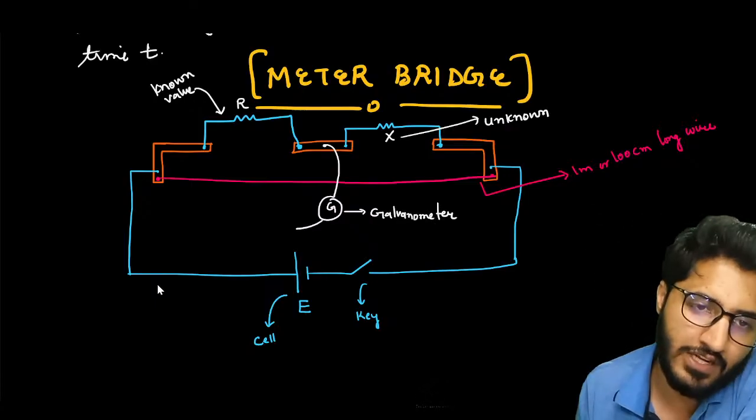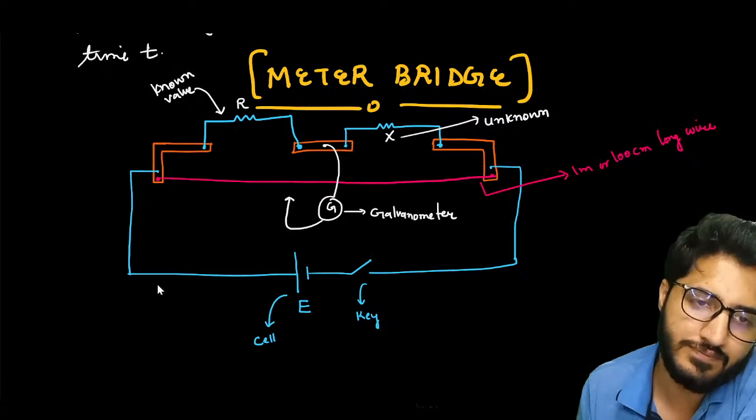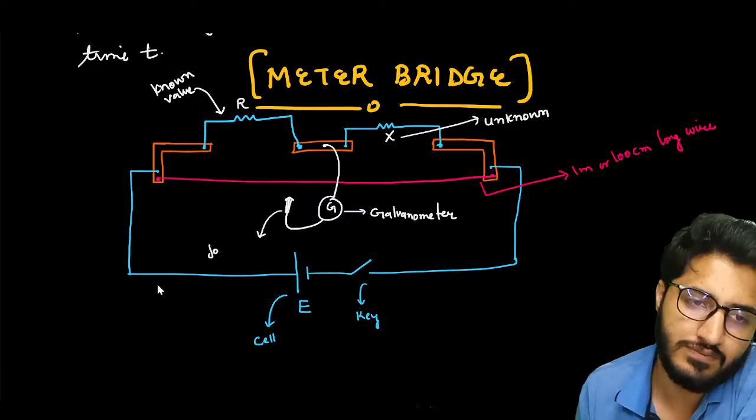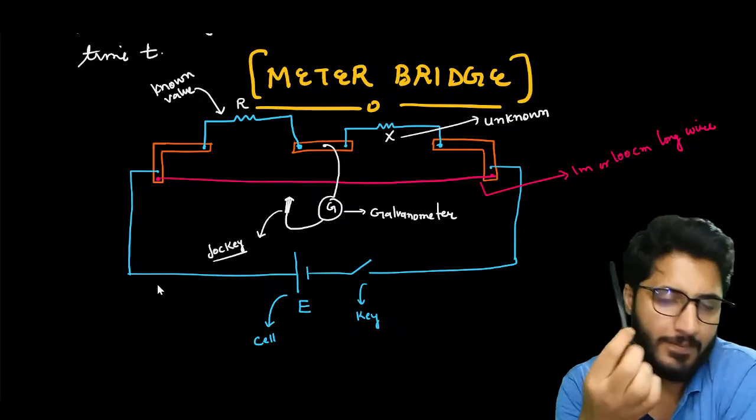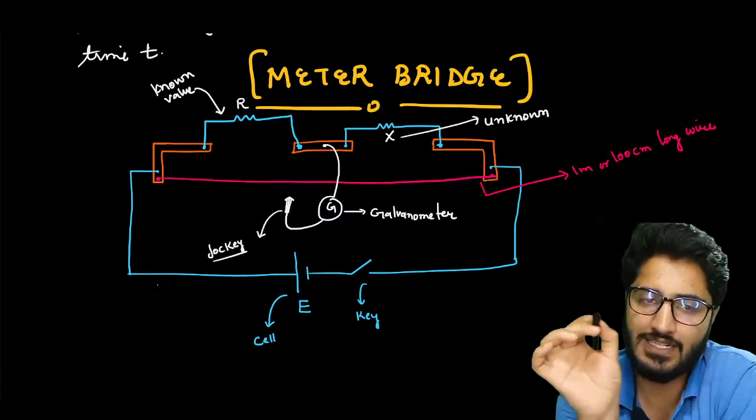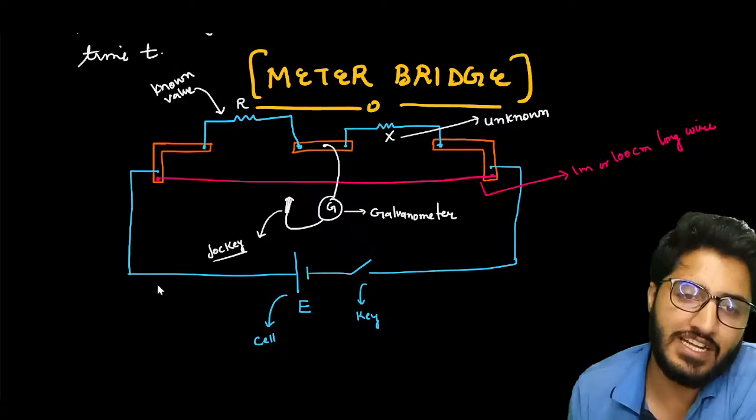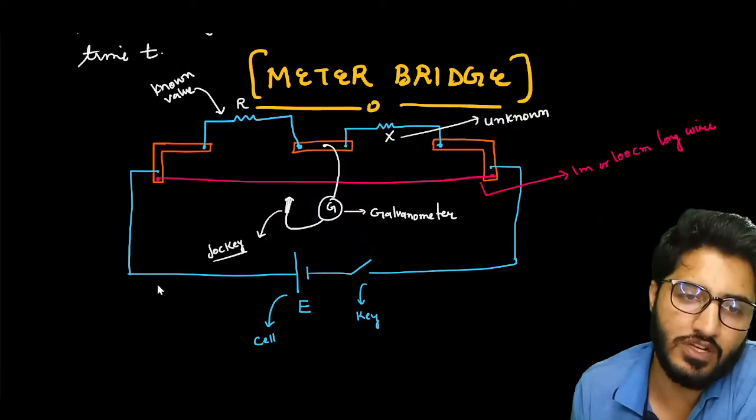And in front of the galvanometer, we have a jockey. A jockey is sort of a pen that we can take and place at different points.